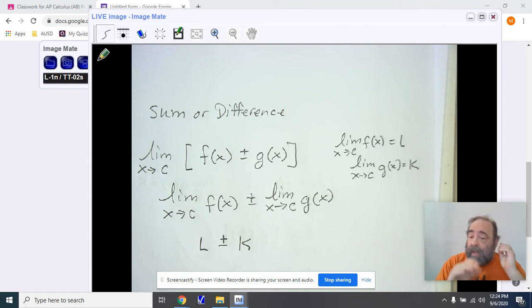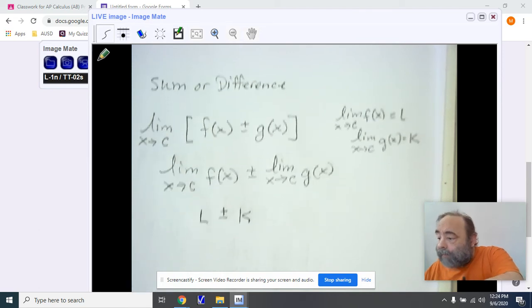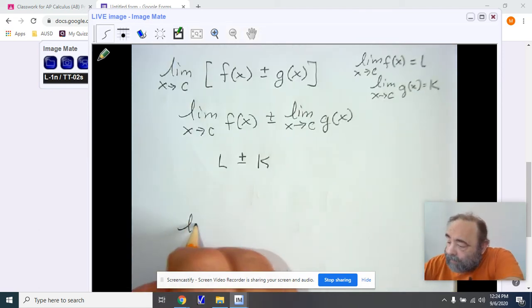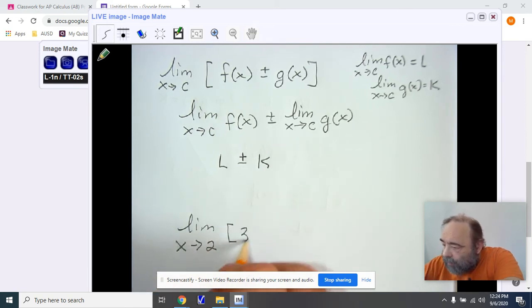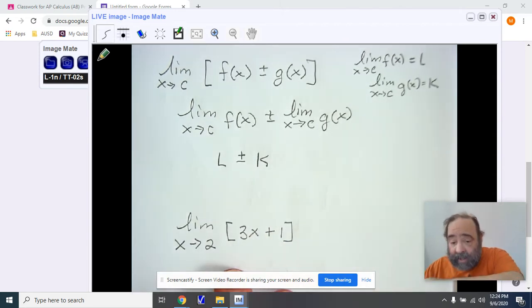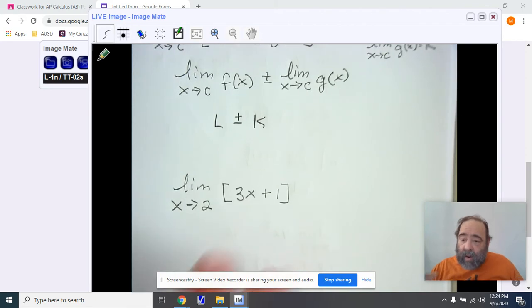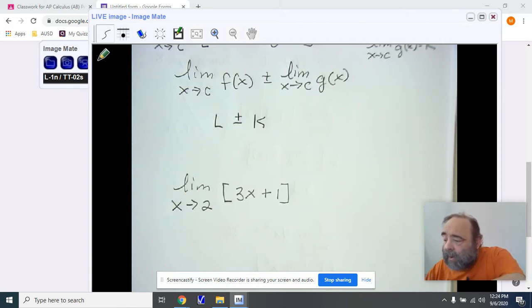Now, we do this quite often as well. If you think about it, when we're talking about a linear equation, let's take a look at one. The limit as x approaches 2 for the basic equation 3x plus 1. Now, we did these. We've seen them in our original review that we saw over the weekend. And now what we're dealing with is trying to work with multiple properties.